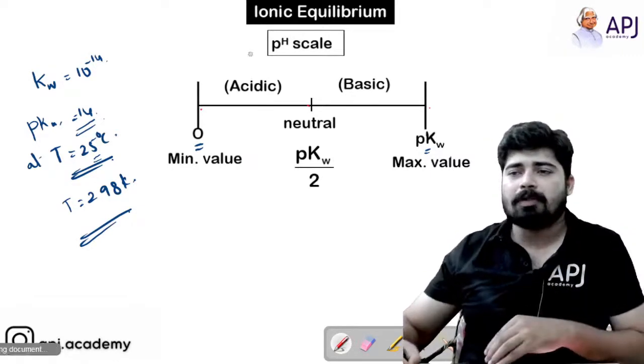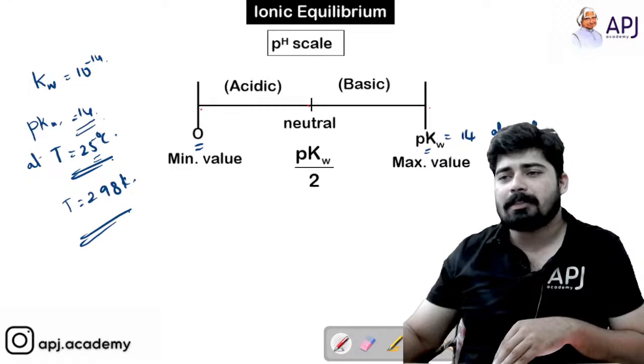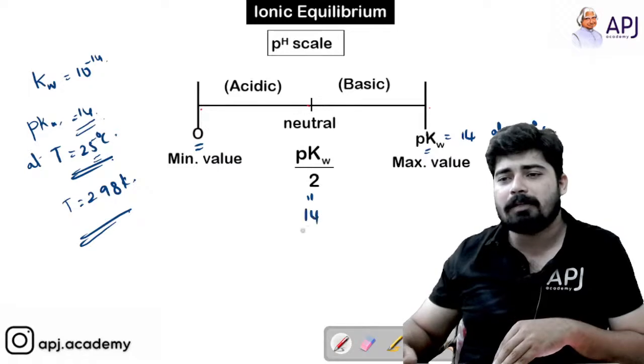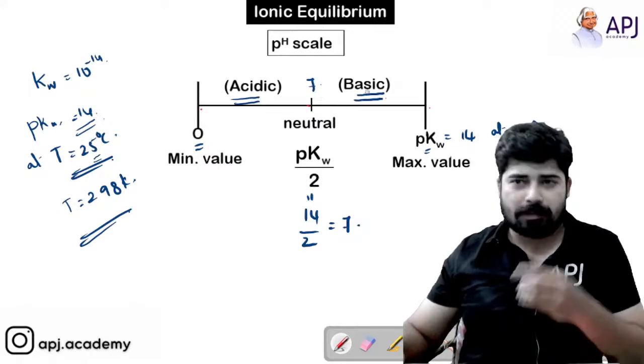So obviously we know that the value of pKw is equal to 14 at 25 degrees Celsius. And the neutral value, that is the central point, is 14 divided by 2, that is equal to 7. So 0 to 7 is acidic and 7 to 14 is basic.